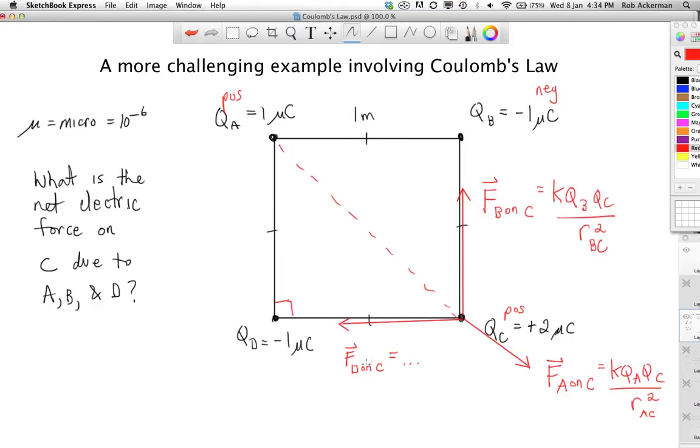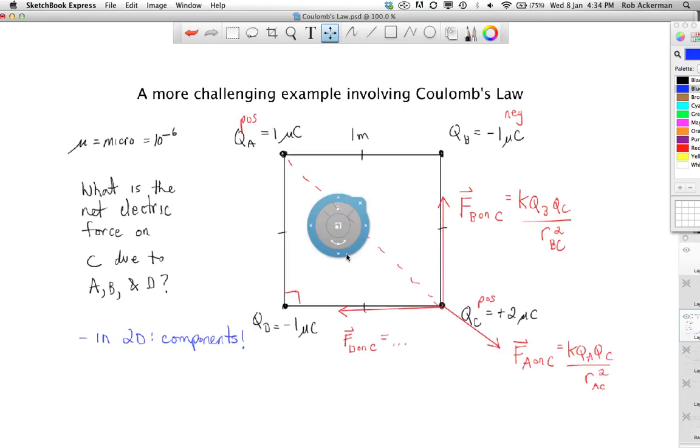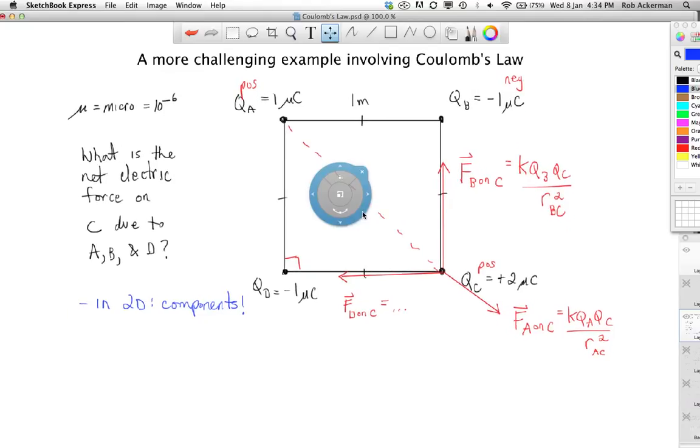Now, we're in 2 dimensions, so guess what? We've got to use components. Remember those? So here's what I'll do. Let's shrink this down a little bit and move it up to there. How do we do this? We write out our forces.